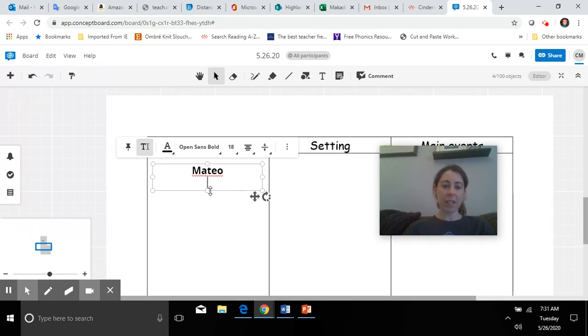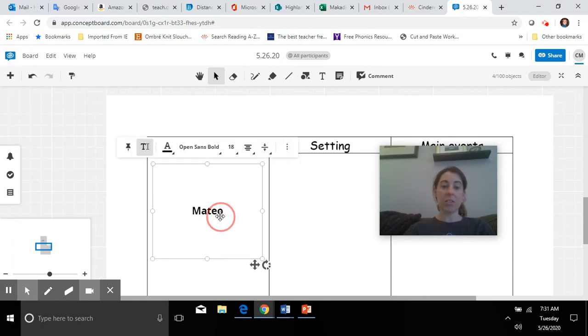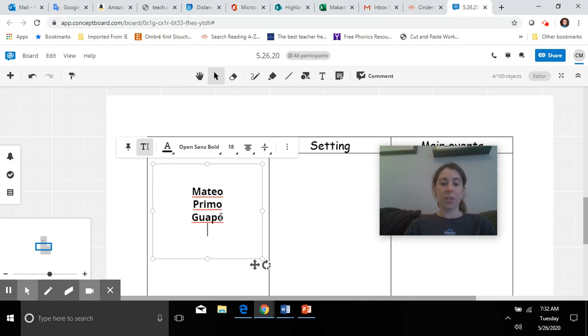Who else was in the story? Mateo's stepbrothers, and their names were Primo and Guapo. Can you think of anyone else? Good, Mateo's stepfather and his mother and the coach.